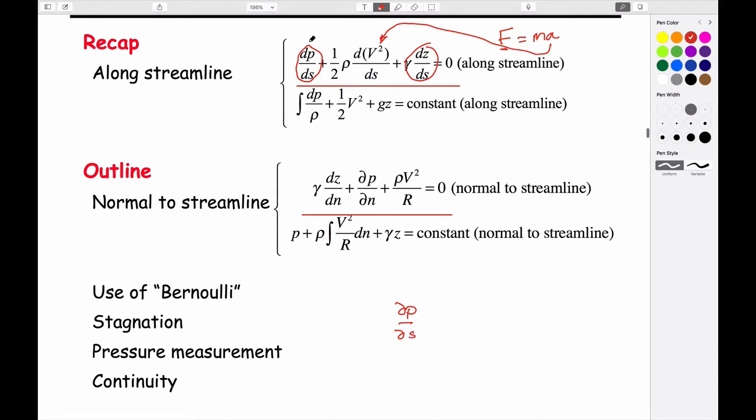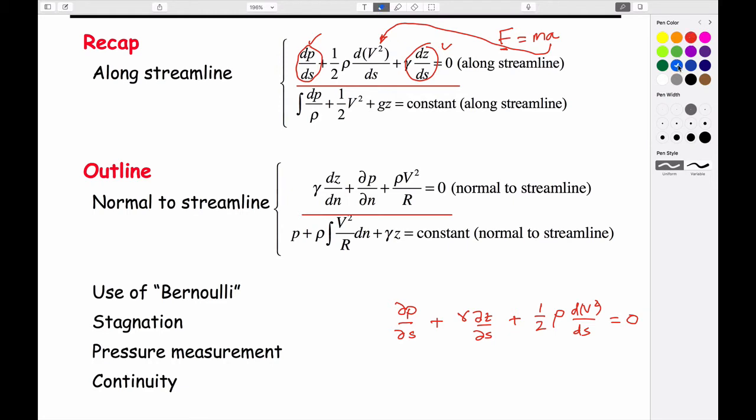So I'm going to take this term plus the unit weight times the change, I'm writing as partials, it doesn't matter if they're full differentials, with respect to s. And then there's the inertial term, which is a half density times the rate of change of v squared, again along the streamline, and this is all equal to 0.